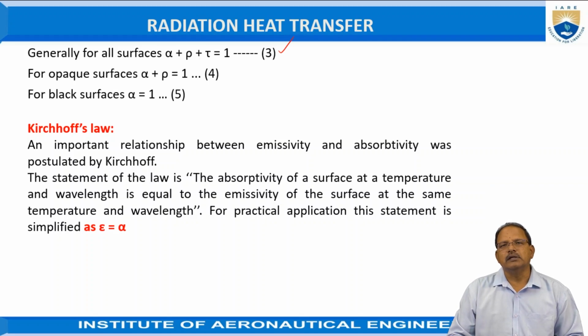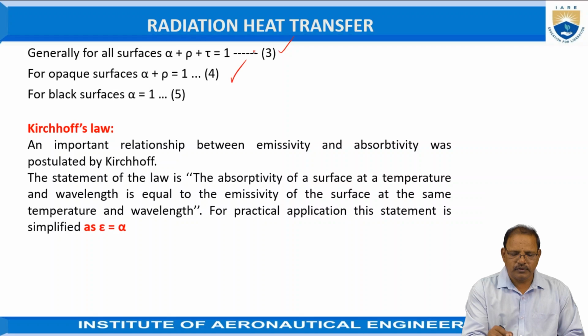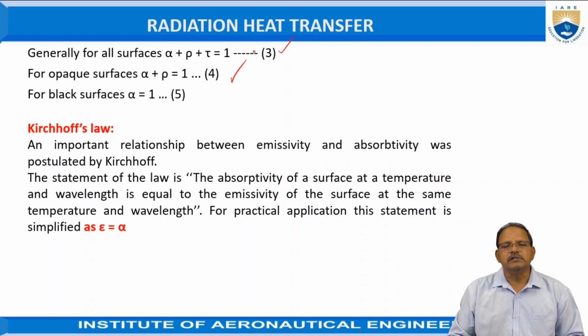Opaque surfaces are the surfaces of the body which will absorb as well as reflect energy. They will not transmit any energy. That means alpha plus rho equals 1. Black surfaces are the bodies which absorb the total energy incident on them. Hence, alpha is equal to 1. That means rho equals 0 as well as tau equals 0.